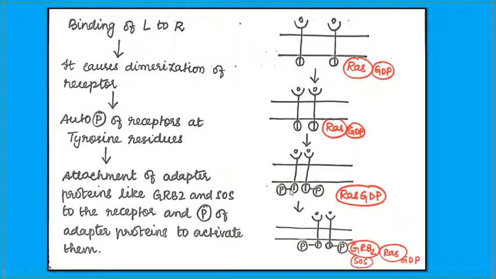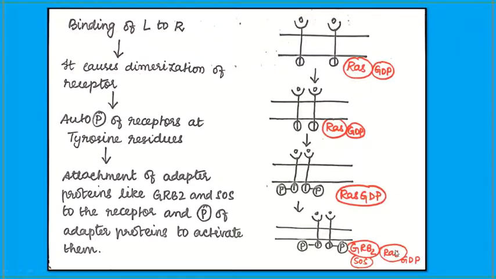You can see in the picture the activated receptor, with GRB2 and SOS, which are adapter proteins, coming and binding to the receptor. Now these GRB2 and SOS adapter proteins will activate the RAS protein.